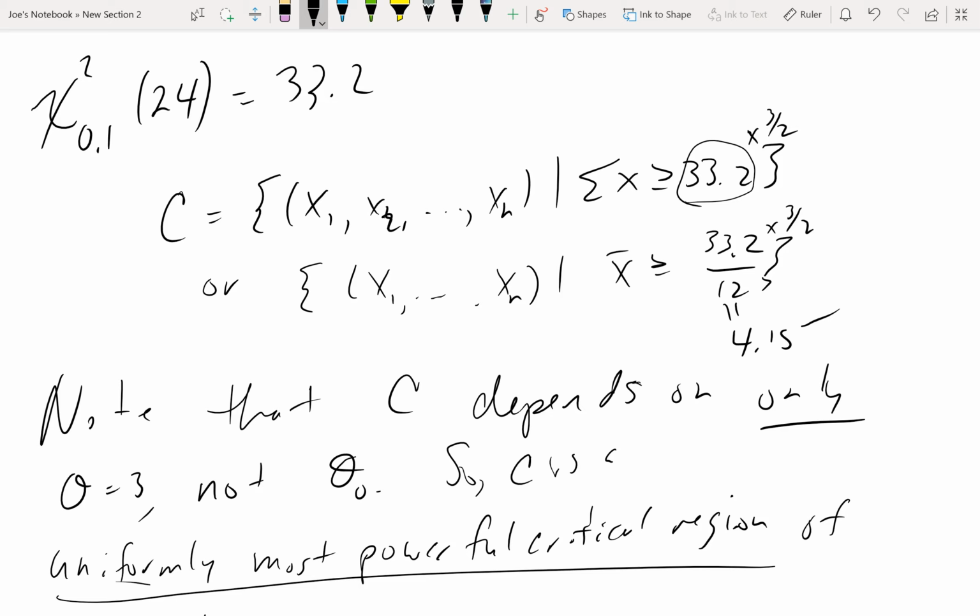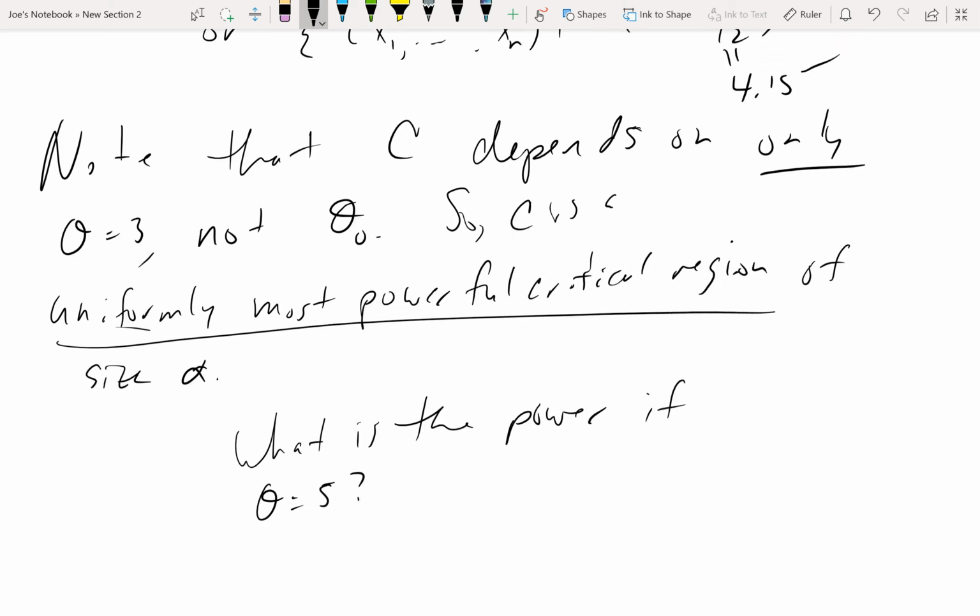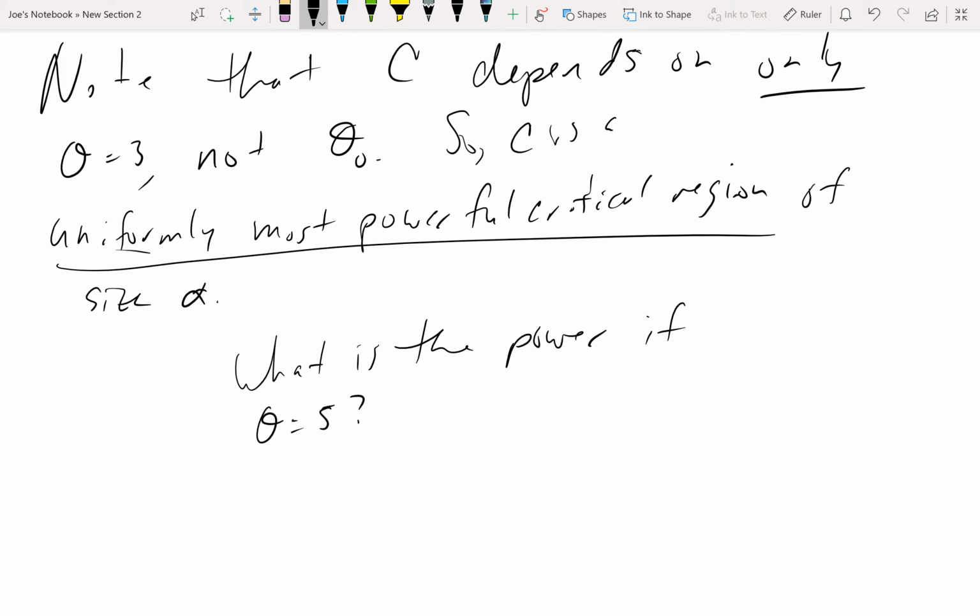So one of the parts this one asks you to find is... No, it didn't ask you to find that. Sorry. What you might be asked to find: what is the power if theta is equal to 5? So remember, power is the complement of a type 2 error, right?